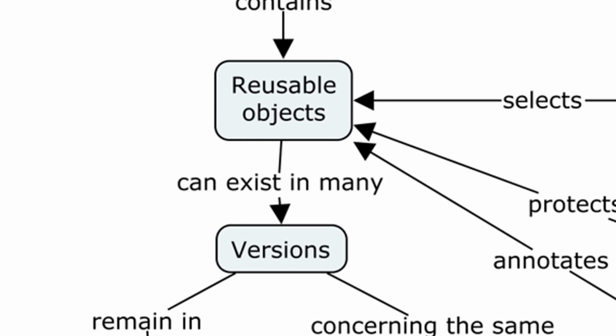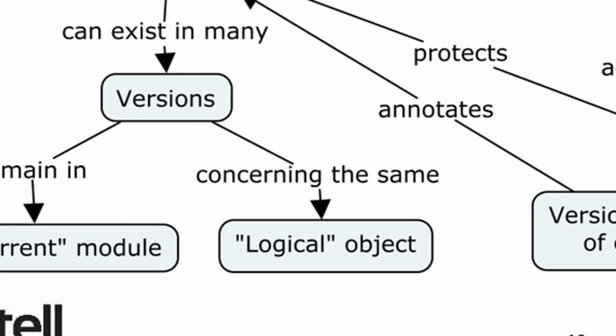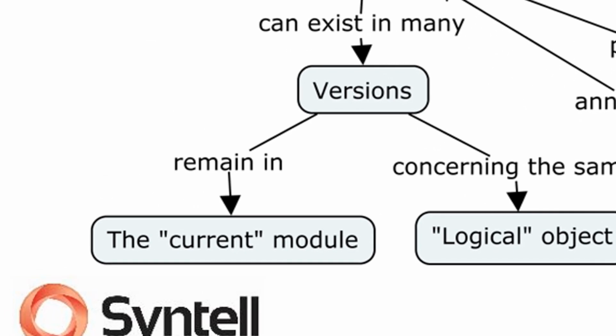A reusable object may come in more than one version. Each such object is a version of a logical object. For example, a given requirement can exist in multiple versions represented by different DOORS objects. New and old versions are kept in the current version of the module. They are not just tucked away in the module baseline.